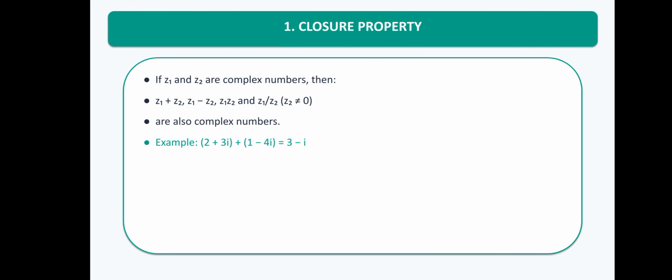So the answer of real part is always a real part. Now we have 3 iota minus 4 iota. Now see, plus minus minus. When we subtract 3 from 4, we get the answer minus 1 iota. So the answer is 3 minus iota.